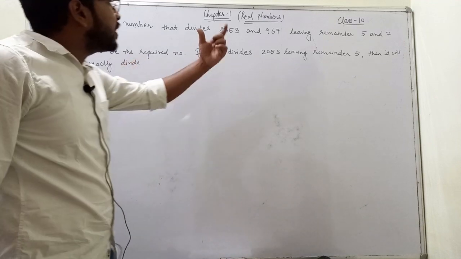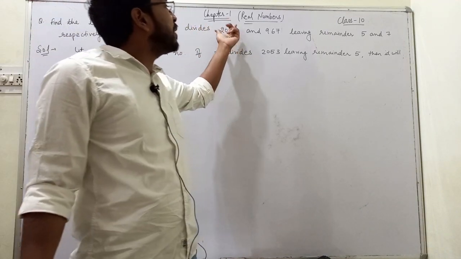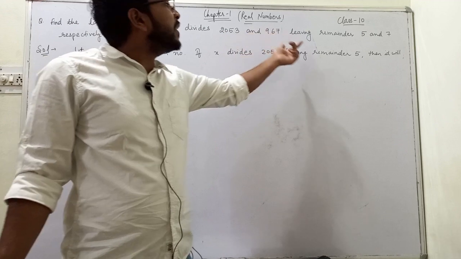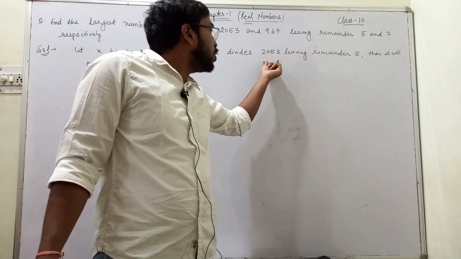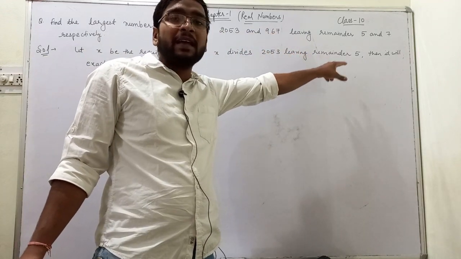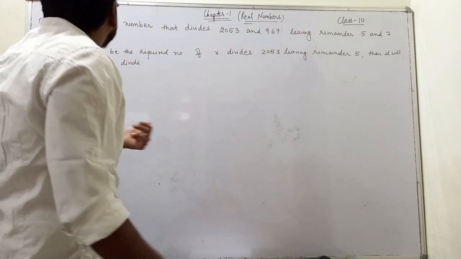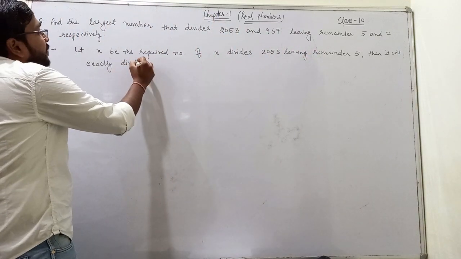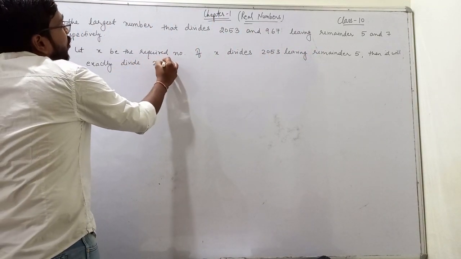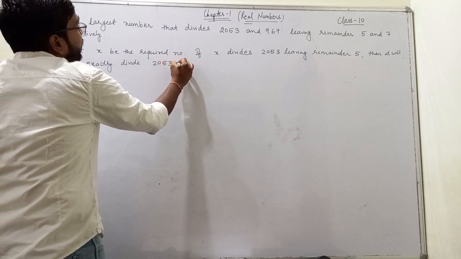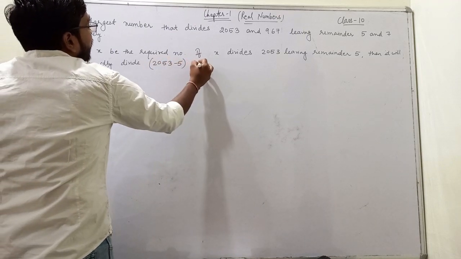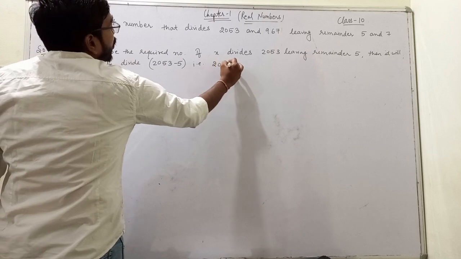Okay, if 2053 is divided by x, when it leaves the remainder 5, then 2053 minus 5 will be exactly divisible by x. It will exactly divide 2053 minus 5, that is 2048.